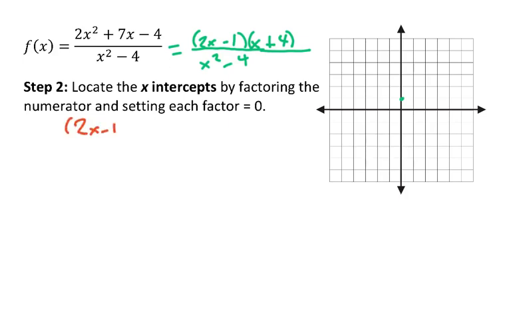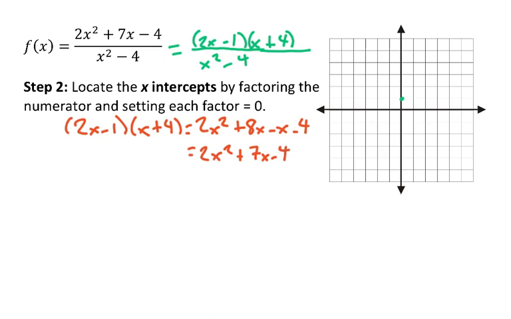2x minus 1 times x plus 4 is equal to 2x squared, that's the first term, plus 8x, that's the outside term, minus x, that's the inside term, minus 4. That will indeed give me 2x squared plus 7x minus 4, exactly what I wanted.